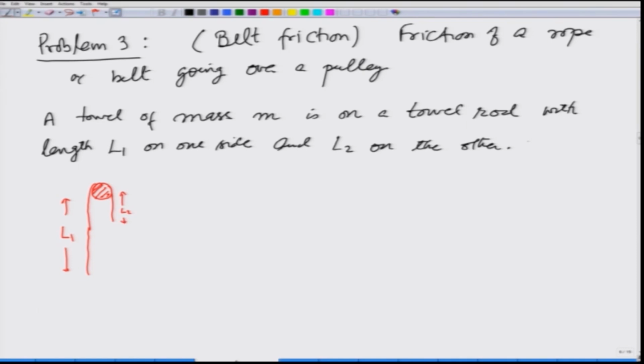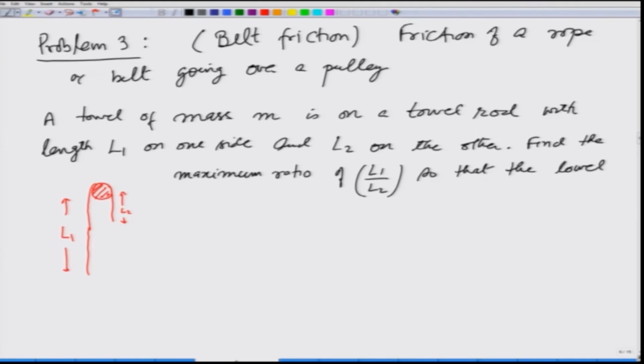Find the maximum ratio of L1 by L2 so that the towel does not slip off the rod, which you saw just now. If I increase the length L1, it slips off.